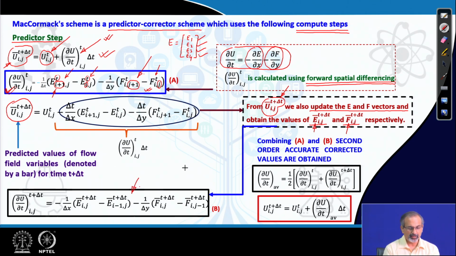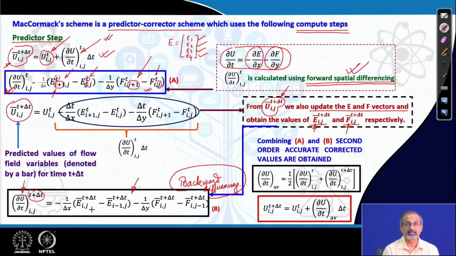You want to do a prediction of del u bar del t at t plus delta t. How do we do that? We apply backward differencing here. In the earlier step we had done forward differencing; here we apply backward differencing.